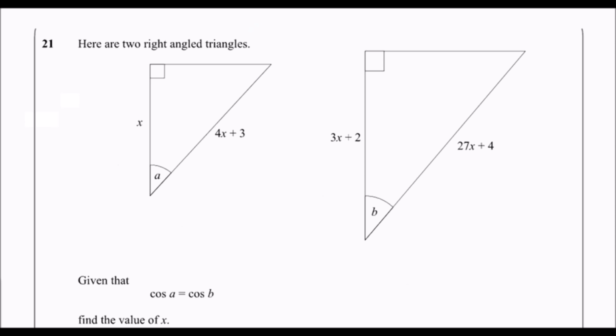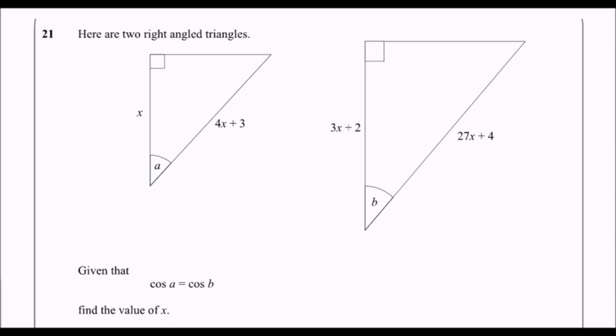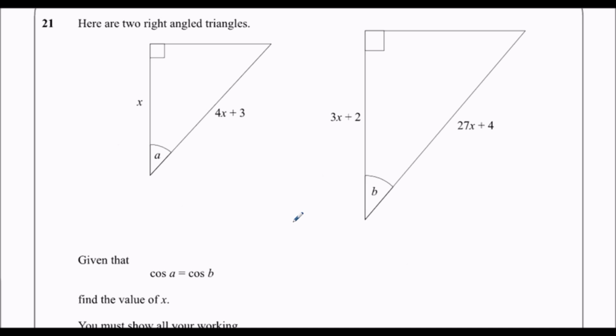Question 21. Here are 2 right-angled triangles. Given that cos A equals cos B, find the value of x. So cos theta is adjacent over hypotenuse.